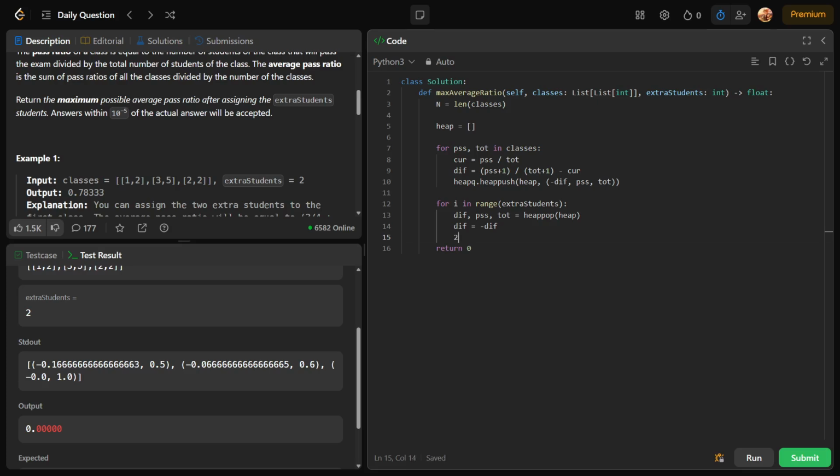Okay, so we have the maximum difference. Now all we have to do is change the pass and total. So pass plus equal to 1, total plus equal to 1, and then we need the same logic again. And then we push it back into the heap.